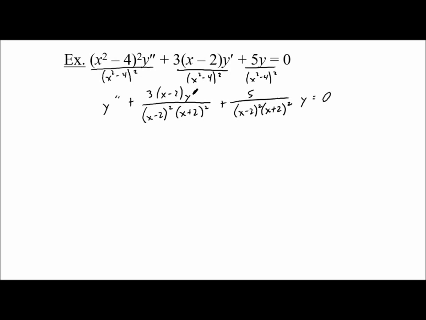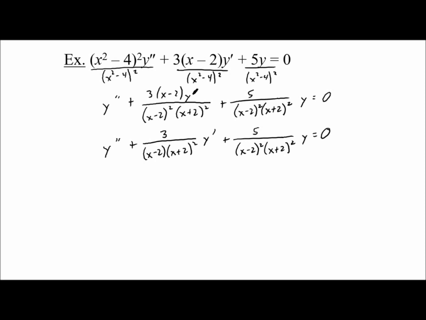The advantage of doing that is that in the middle term we have a little reduction. So y double prime plus 3 over x minus 2 times x plus 2 squared times y prime plus 5 over x minus 2 squared times x plus 2 squared, y equals 0.